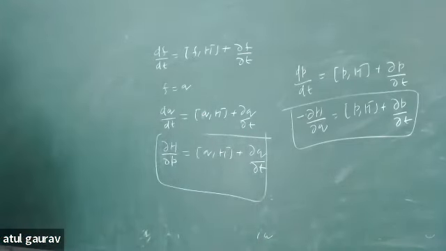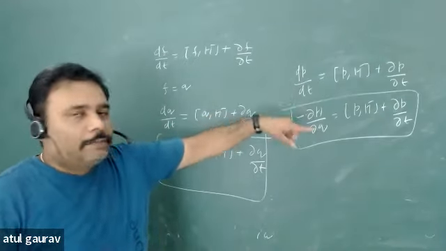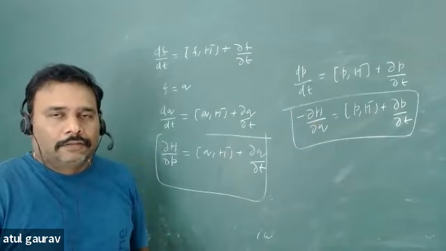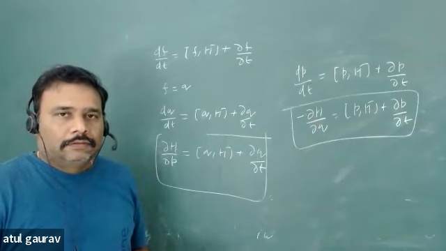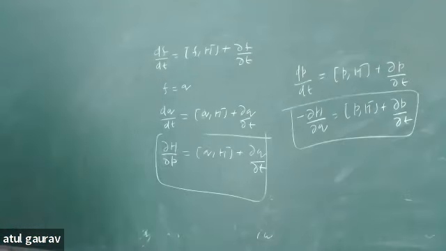Sir, it is ∂H/∂t, no, sir? Why ∂H/∂t? This is p dot. And what is p dot in the Hamiltonian equation of motion? Please revise it. Okay?